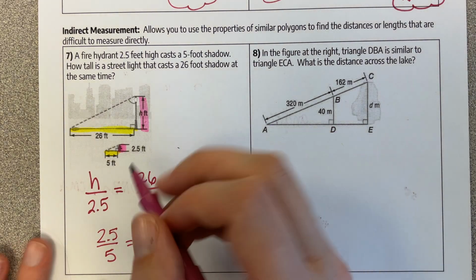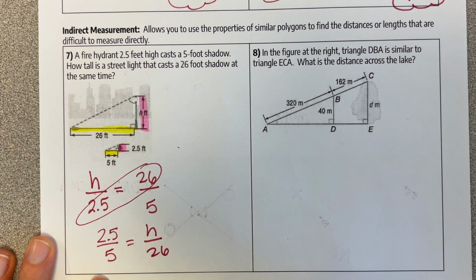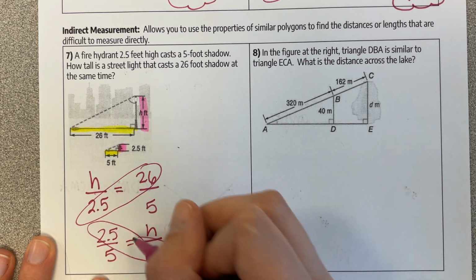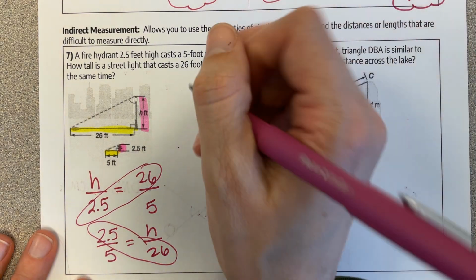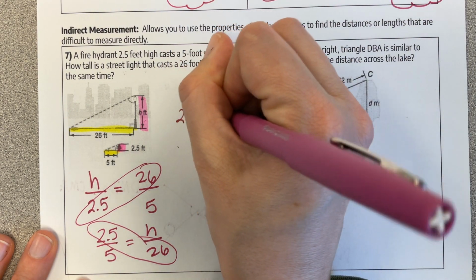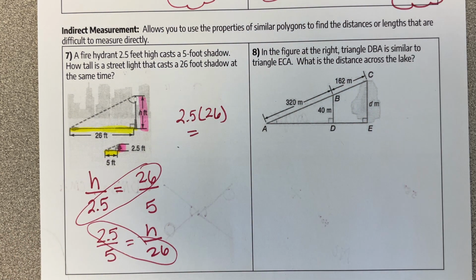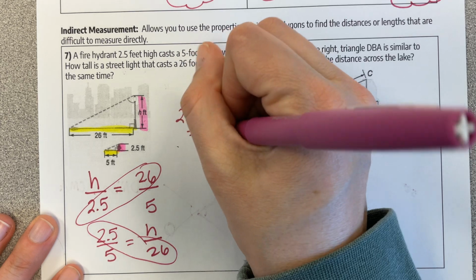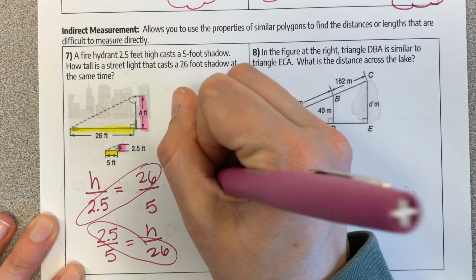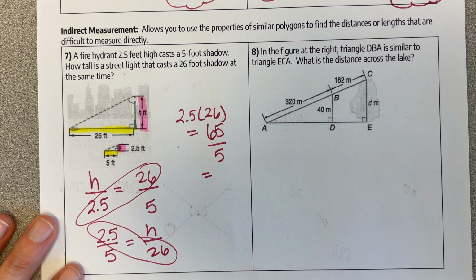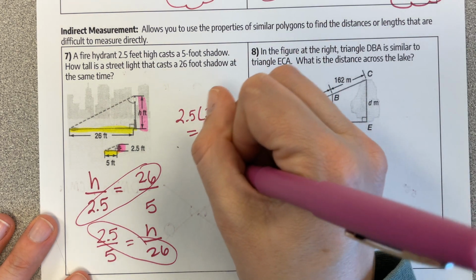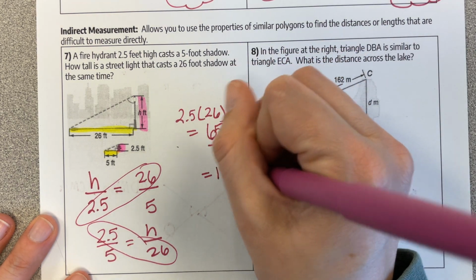Doesn't matter because look here, 2.5 is multiplied by 26. So I'm going to multiply 2.5 times 26 to get 65. And then we divide that by 5 to get 13. And our units were feet.